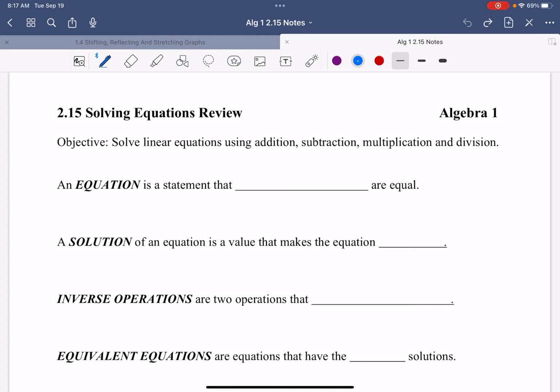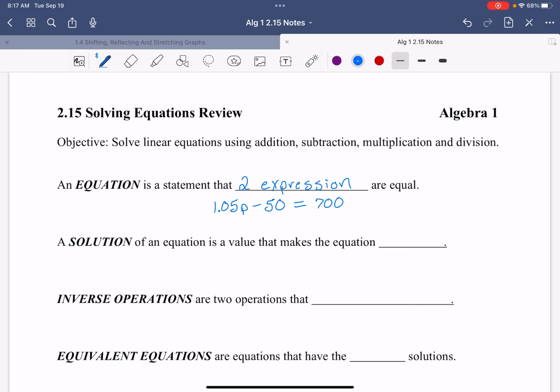An equation is a statement that two expressions are equal. So we're taking our expressions from the last section, for example, the 1.05p minus 50, and then setting it equal to another expression, let's say 700.